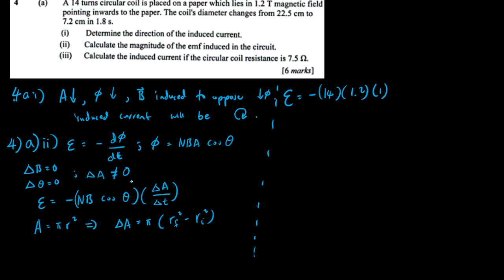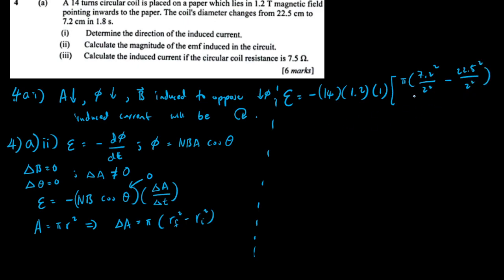And I have my delta A. This is going to be a bit longer: pi, and then my final r is going to be 7.2 squared over 2 squared, minus 22.5 squared over 2 squared.